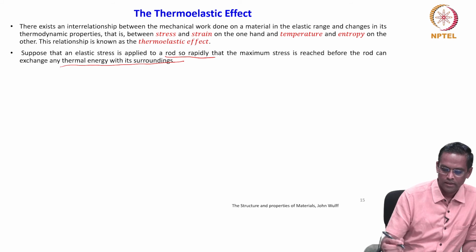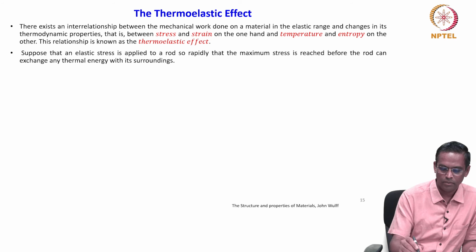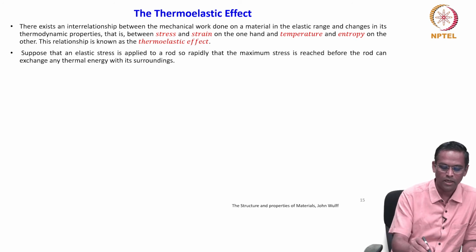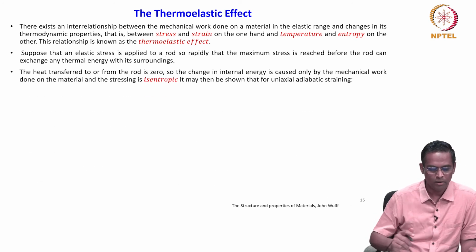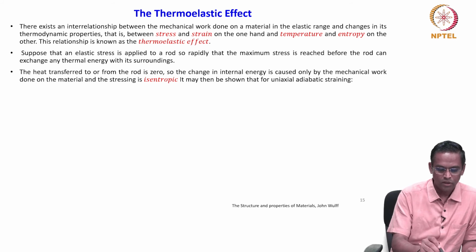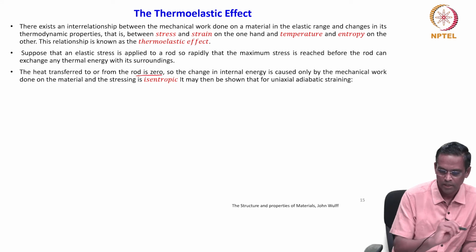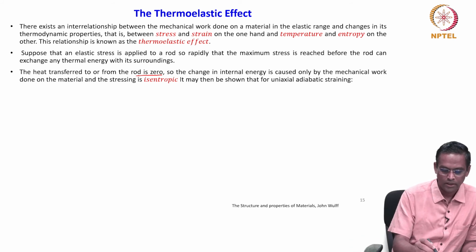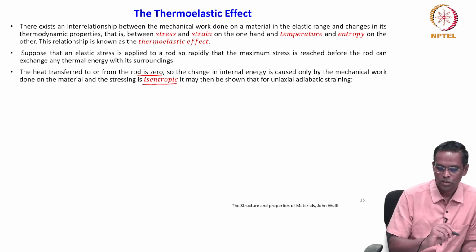So, in this case, the elastic stress is applied to a rod so rapidly that the maximum stress is reached before the rod can exchange any thermal energy with its surroundings. Then what happens? The heat transferred to and from the rod is 0. So, the change in internal energy is caused only by the mechanical work done on the material, and the stressing is isentropic.